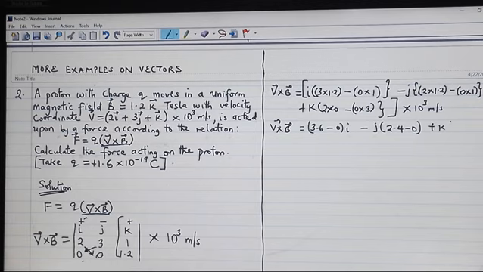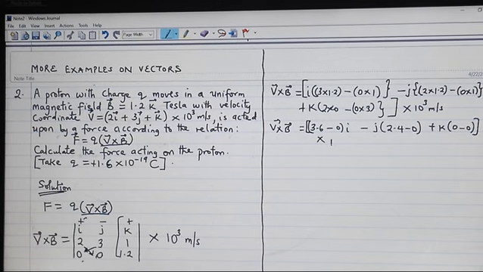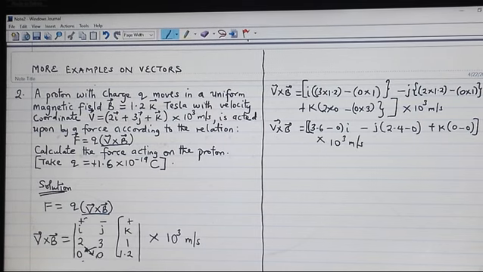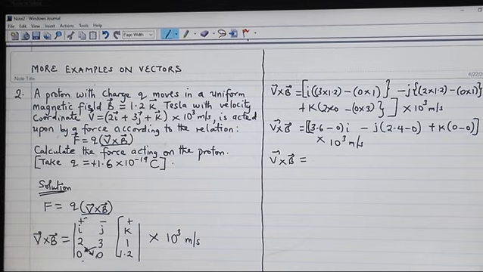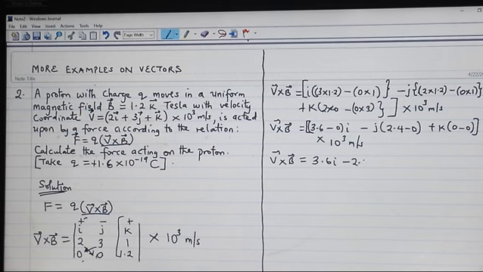Plus k into 0 minus 0, times 10 to the power 3 meter per second. So this gives us V cross B is equal to 3.6i minus 2.4j. K has nothing, so which is 0. So we say (3.6i minus 2.4j) times 10 raised to the power 3 meter per second.